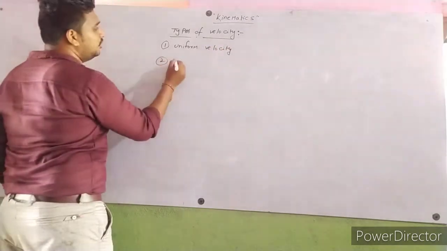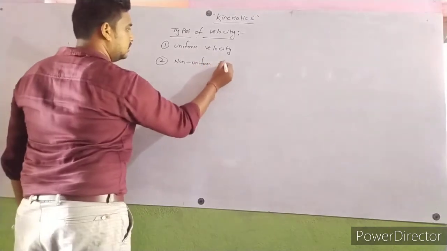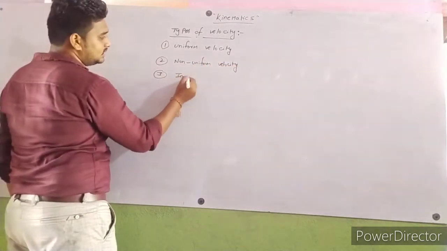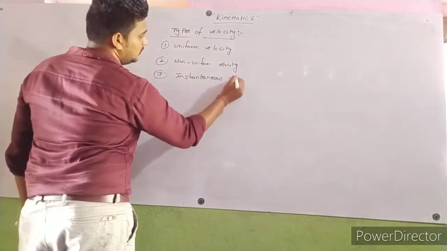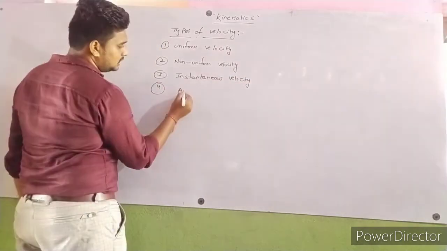Second one, non-uniform velocity. Third one, instantaneous velocity. Fourth one, average velocity.